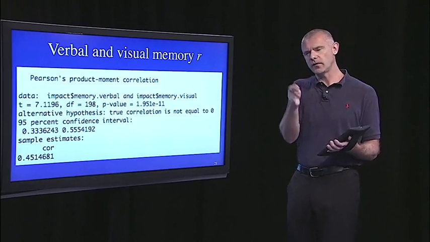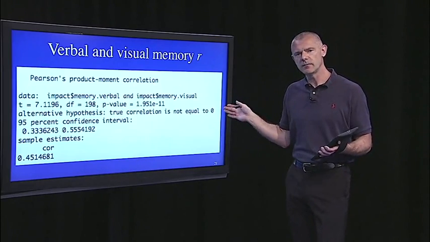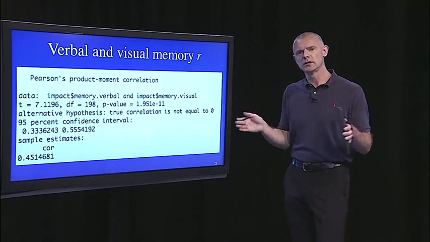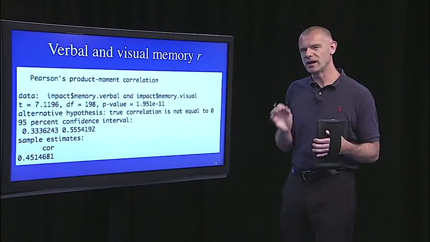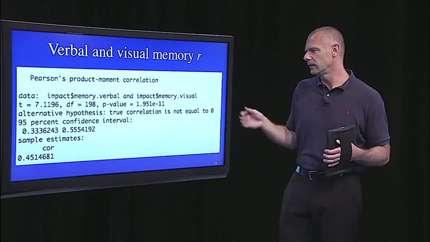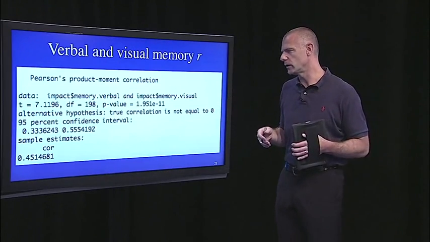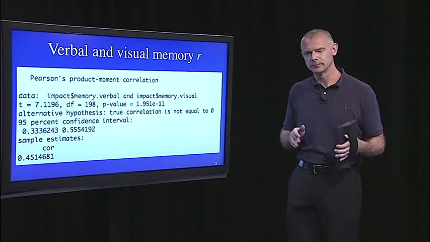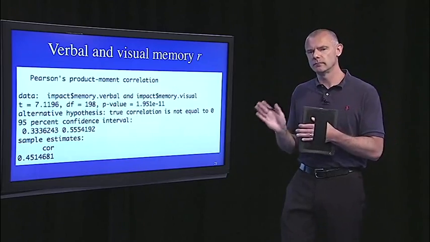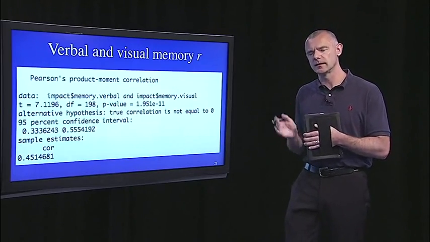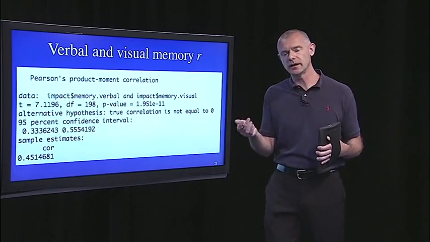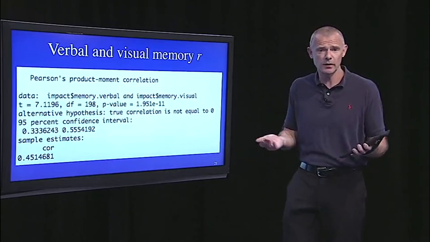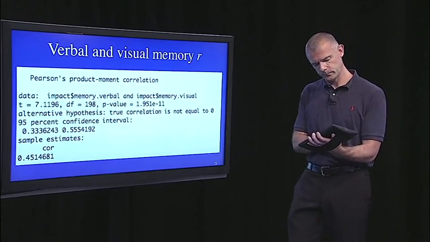There'll be some fluctuation. The 95% confidence interval gives you some idea about how much fluctuation to expect. So this is saying we can be 95% confident that the correlation is going to fall somewhere between 0.33 and 0.55. So we can be safe to assume that this visual memory task and this verbal memory task are correlated. They're showing some validity, and that's actually showing some reliability. They're measuring something real.